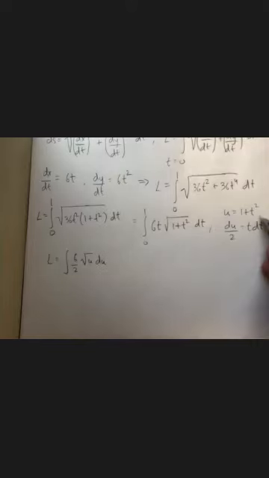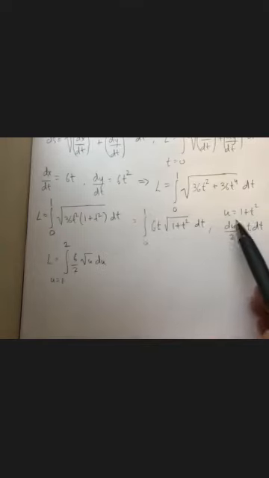Now when t is 0, u is 1. And when t is 1, u is 2. So what I'm writing here is u from 1 to 2. Right? Because when t is 0, u is 1, and when t is 1, u is 2.